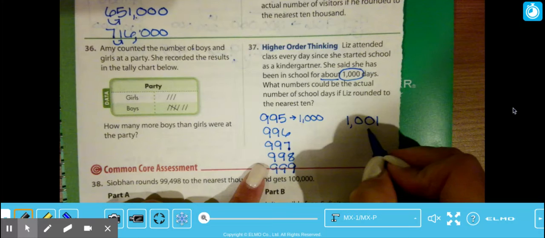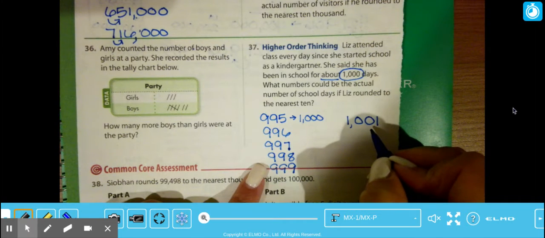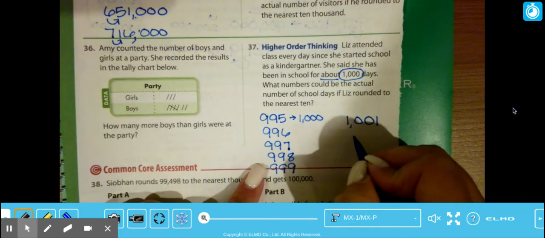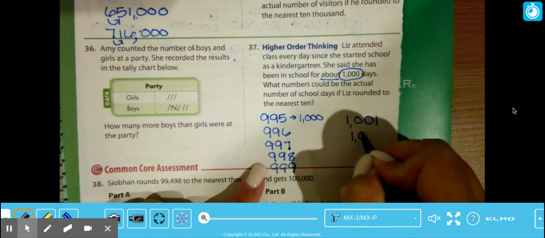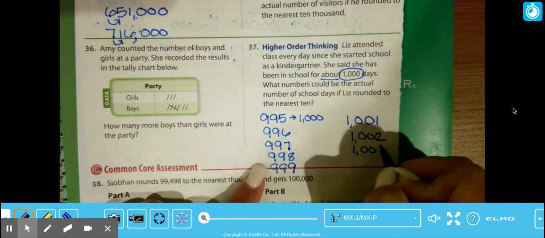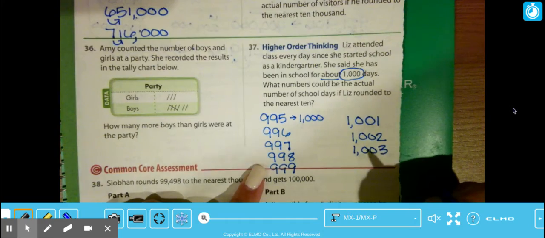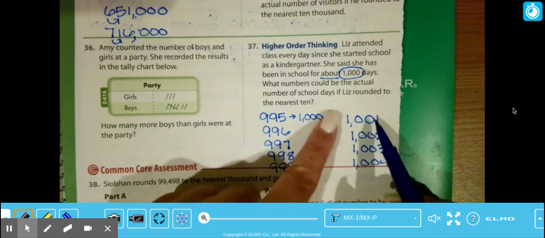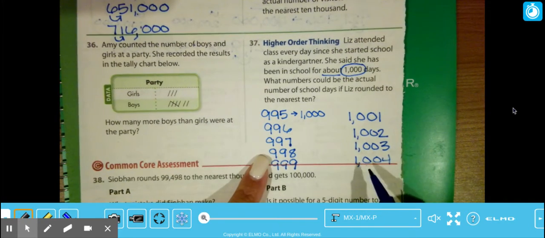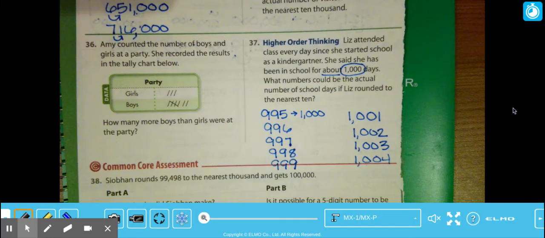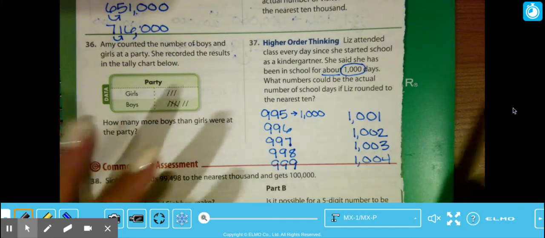Would that round to 1,000 when rounded to the nearest 10? It would. Look at that. What about 1,002? What about 1,003? And finally, 1,004. So can you see how all of these numbers, when rounded to the nearest 10, would give us about 1,000?